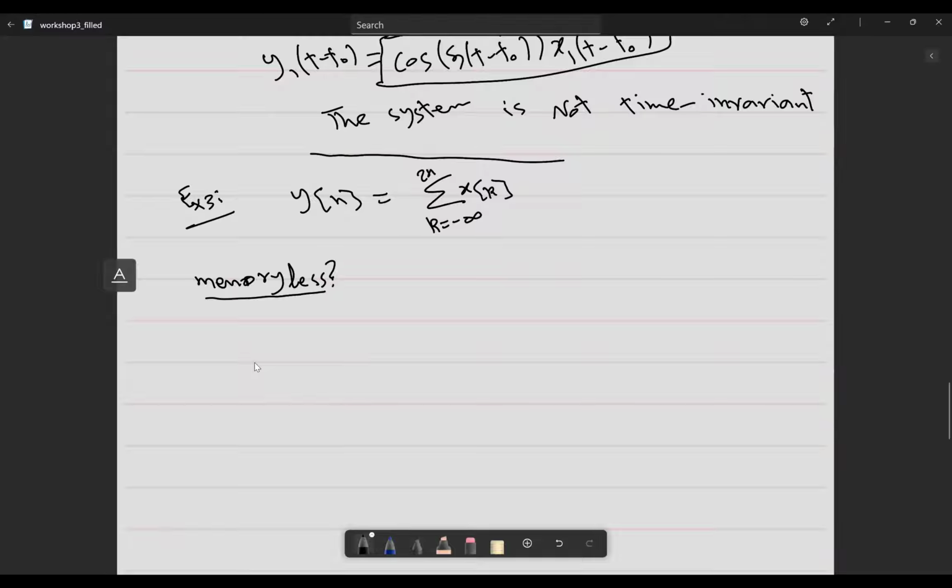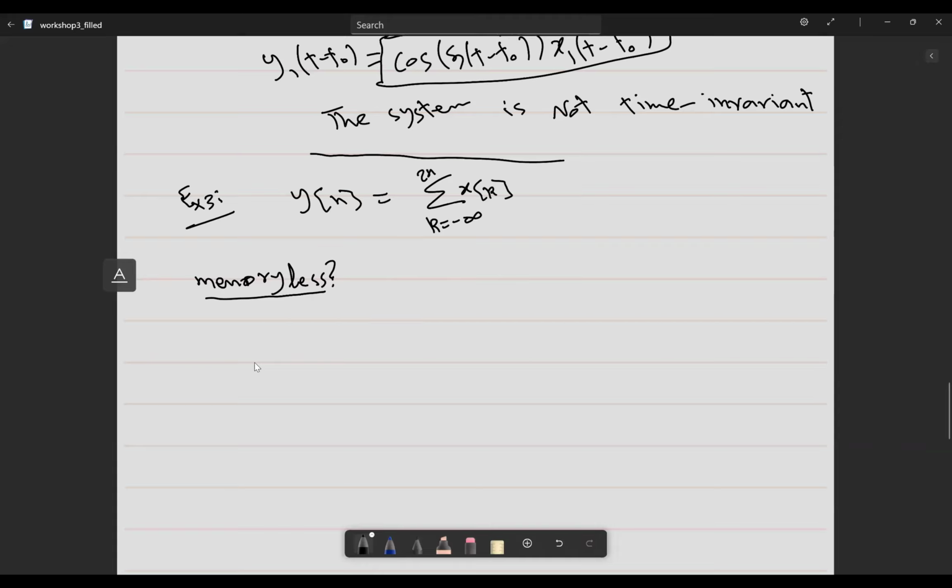Is this system memoryless? Again, a memoryless system should not depend on any other time instances other than the present.